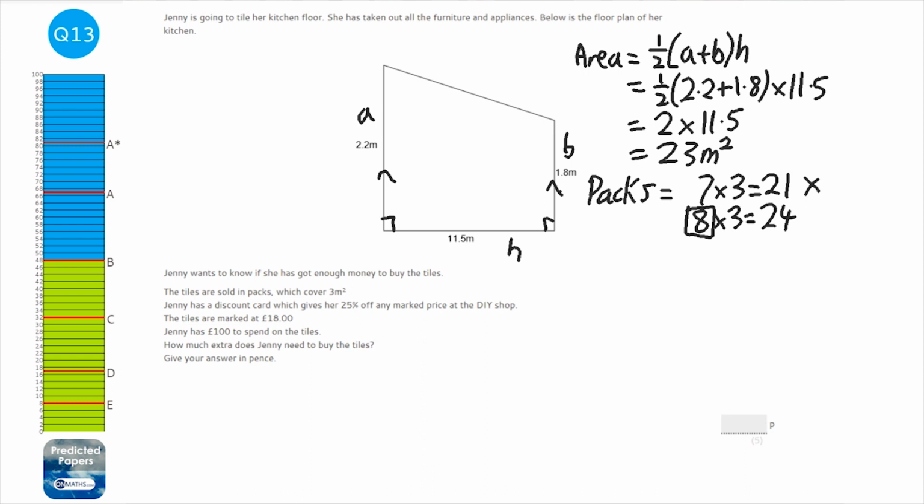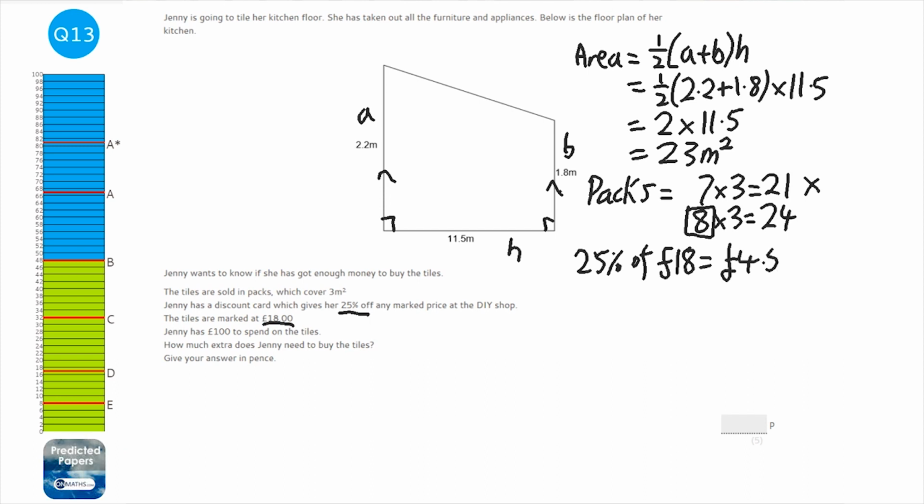Okay, now let's have a look at the next bit. There's 25% off the marked price, and it's marked at £18. So I want to work out 25% of £18. Now to find a quarter of something, which is 25%, you halve it, then halve it again. So half of that is 9, and a quarter of it is therefore half of 9, which is 4.5.